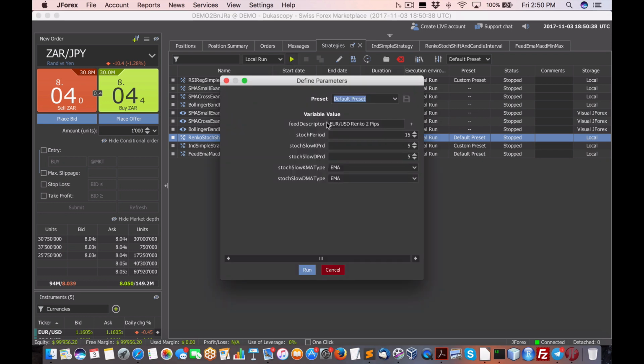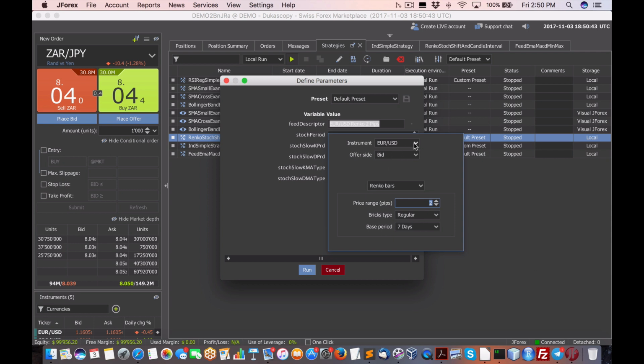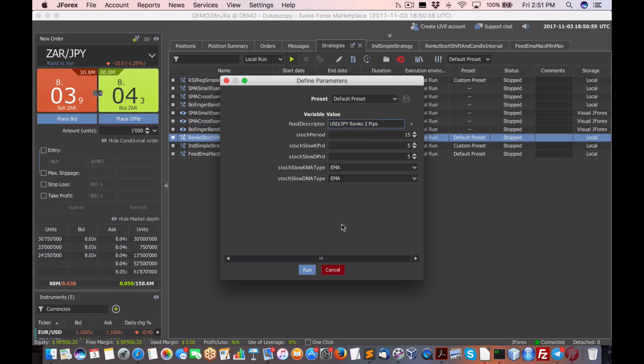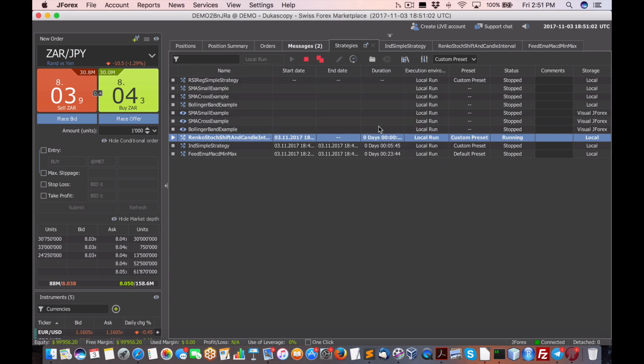But this time I am going to use the US dollar, Japanese yen. Okay, here we are. Everything else we shall keep as default. Fire up this guy.